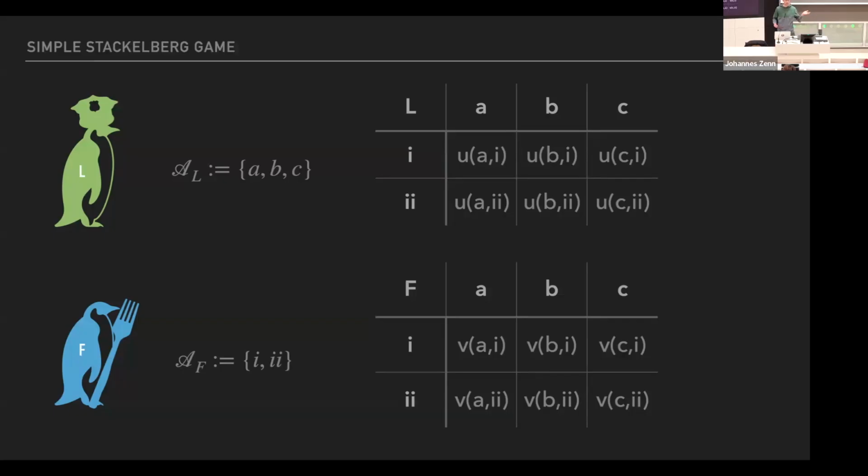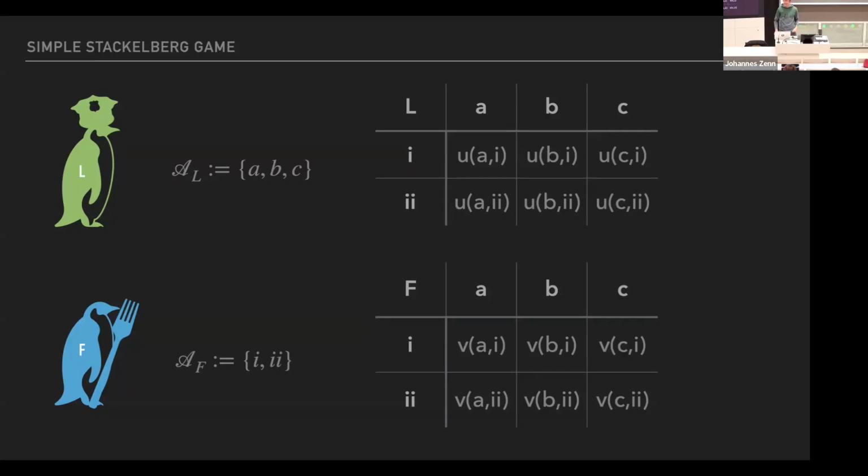For instance, the leader can take the actions A, B, C, and the follower can take the actions I and II. The game is set up by giving utilities for different action combinations based on what leader and follower do. This is summarized in the upper table for the leader, and in the lower one for the follower.